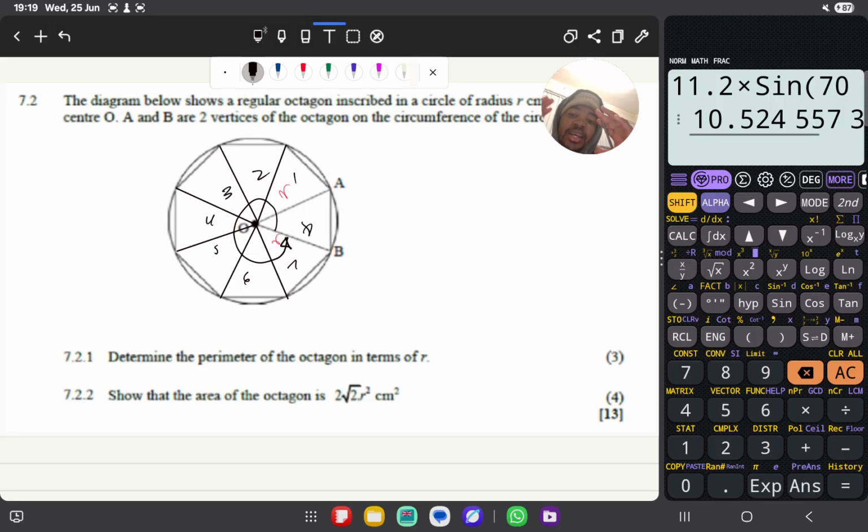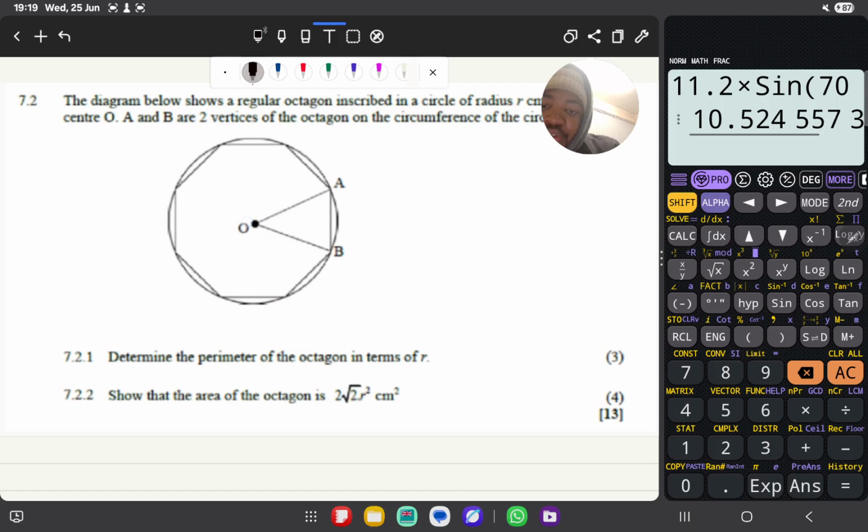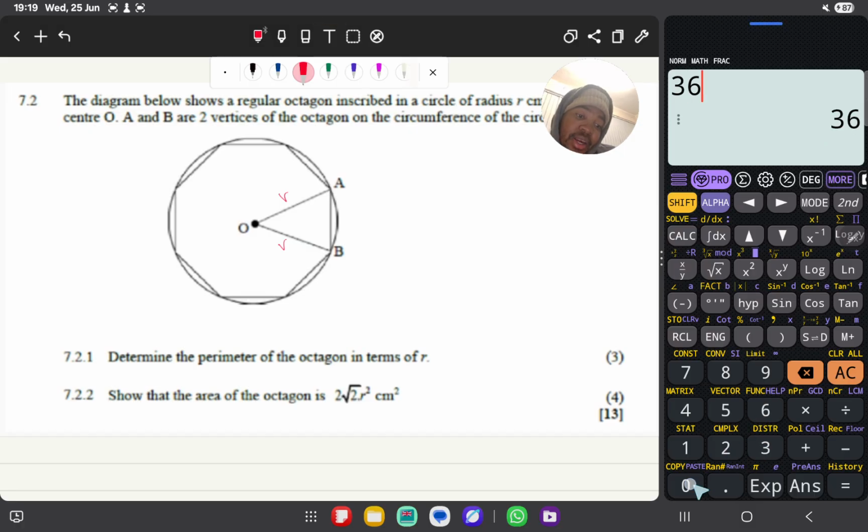So I could say that I have 360 degrees divided by 8. I'm getting 45. That means each of those angles has an angle of 45 degrees at the corner, all of them.